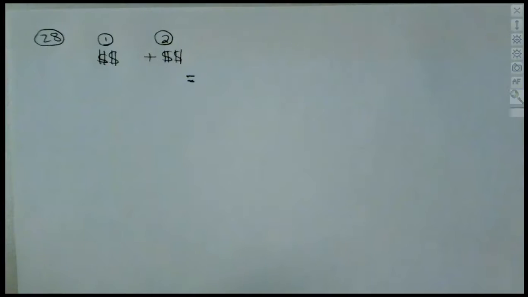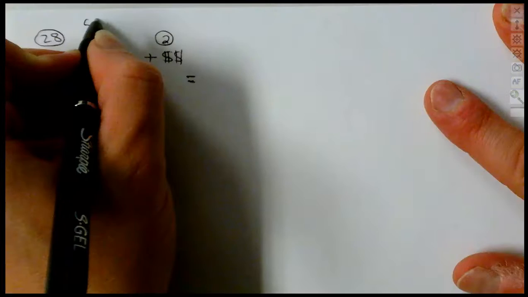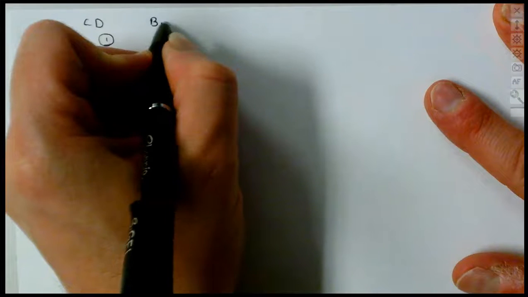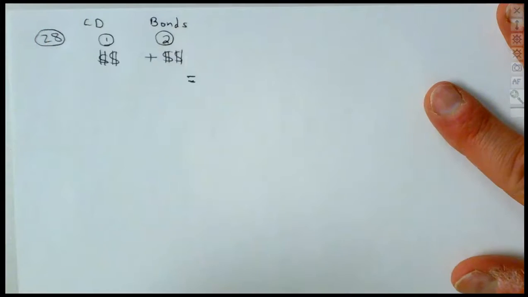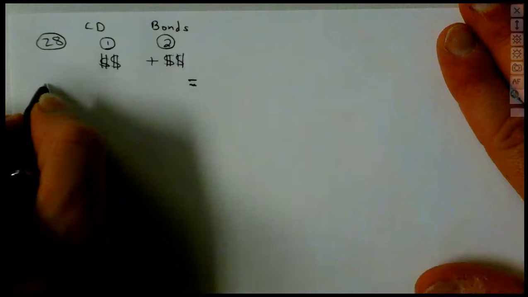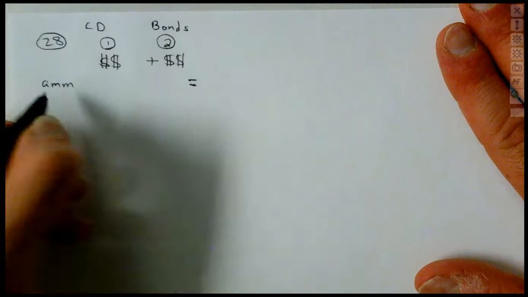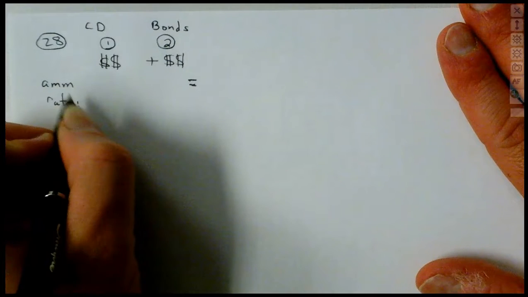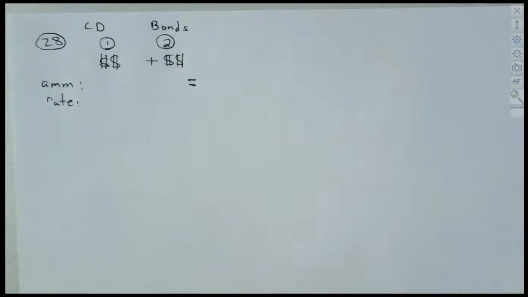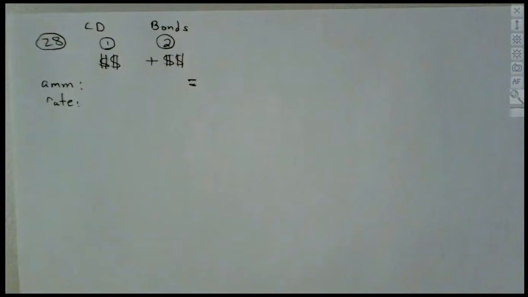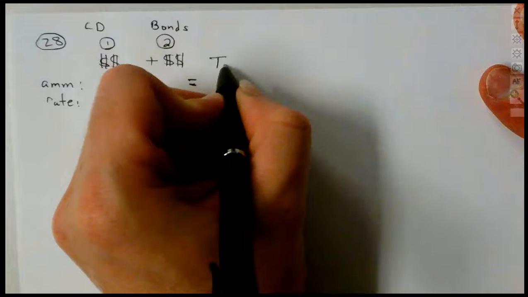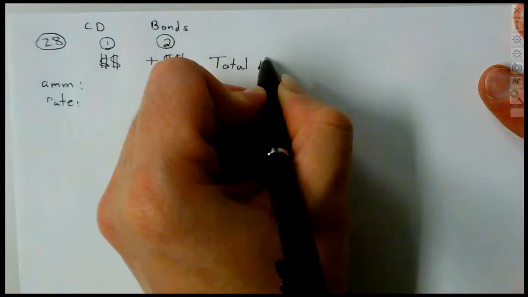And we have two things that we're working with. So on 28, we're working with the CD, and we're also working with some bonds. So we've got the CD, and we've got the bonds. Each of these, again, are going to have an amount and a percentage rate. And then over here, this is going to give us our total amount.